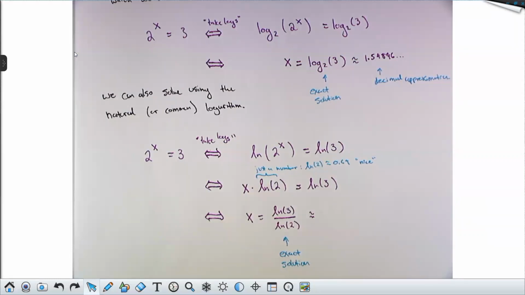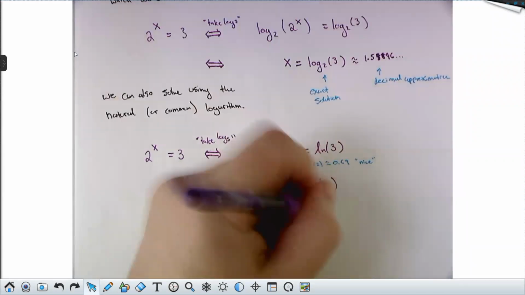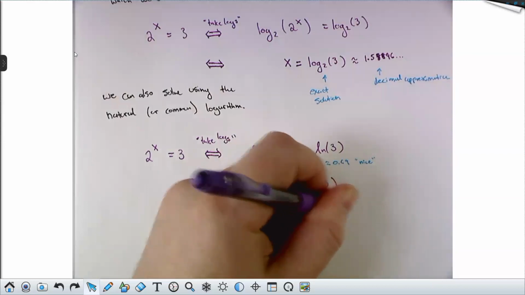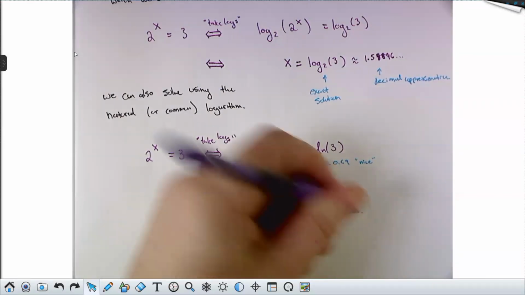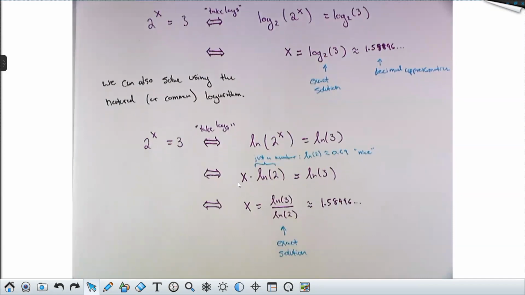No. 1.58496. So this and this are the same number, which means this and this are the same number.